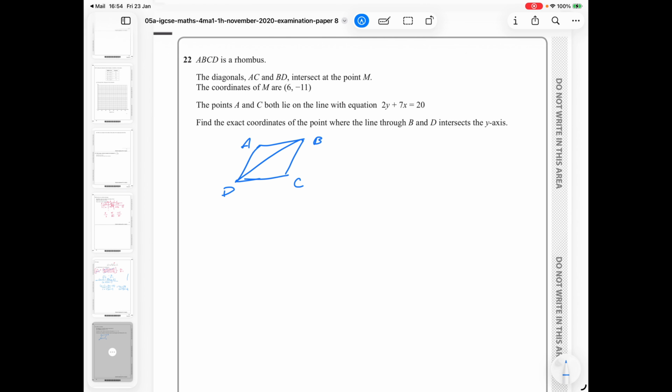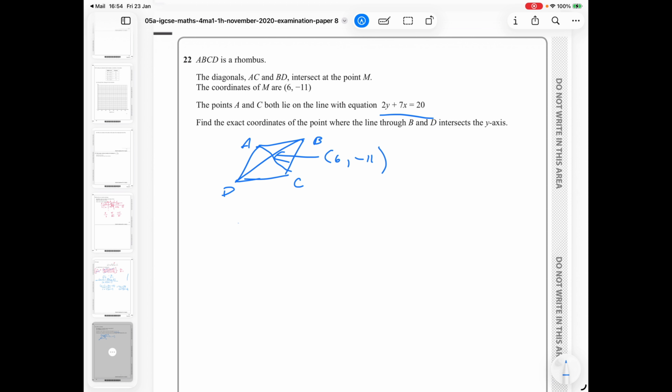The diagonals intersect at point 6, minus 11. And points A and C both lie on the line 2y plus 7x equals 20. Find the exact coordinates of the point where the line BD intersects the y-axis.